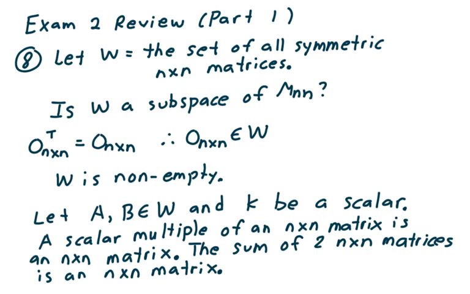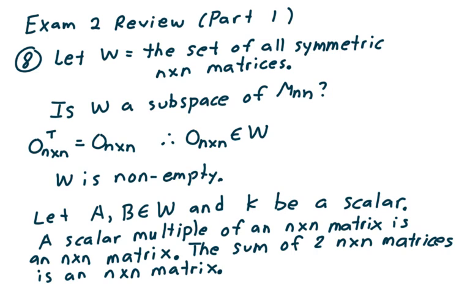The answer is yes. So if I take the zero matrix for n by n matrices, that's equal to the transpose of the zero matrix for n by n matrices. And so the zero matrix belongs to W, and therefore W is non-empty.